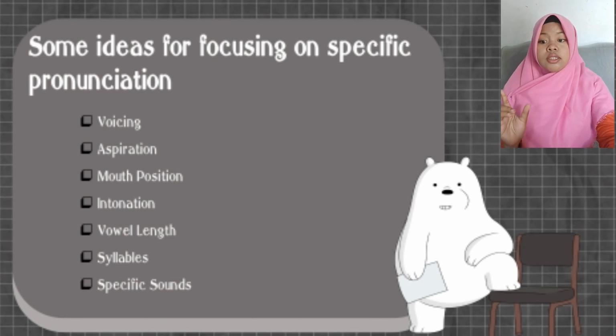There are phrasing, aspiration, mouth position, intonation, vowel length, syllables, and the last is specific sounds. I think you are familiar with some ideas for the voicing and aspiration, because we have learned before.